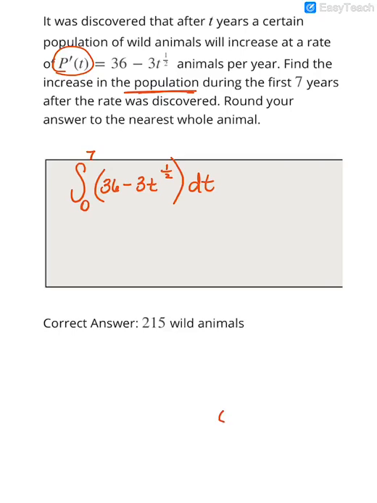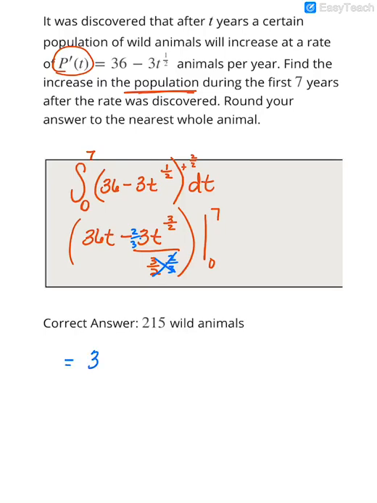The integral of 36 becomes 36t minus the 3t. When I add 1 to this power, that's like adding 2 over 2, so that becomes t to the 3/2 divided by that power of 3/2. And then, of course, I'm integrating from 0 to 7. So let me go in and clean that up. Dividing by 3/2 would be the same as multiplying by 2/3. So if I multiply that by 2/3, I'm just going to be left with 6 over 3, or simply 2.